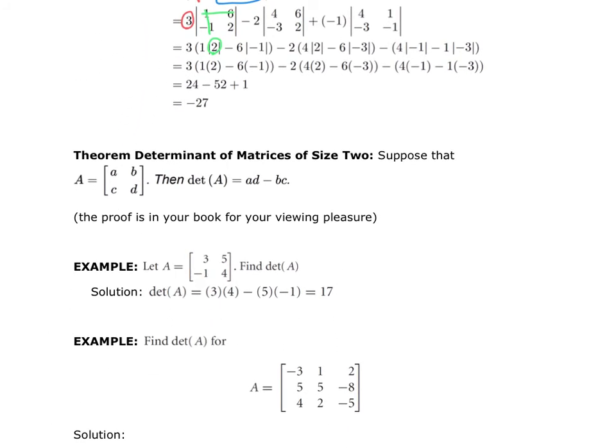Now if we have a 2 by 2 matrix, we have a nice formula. It says the determinant of A is equal to AD minus CB. And if you're thinking, man, that looks familiar, it should.